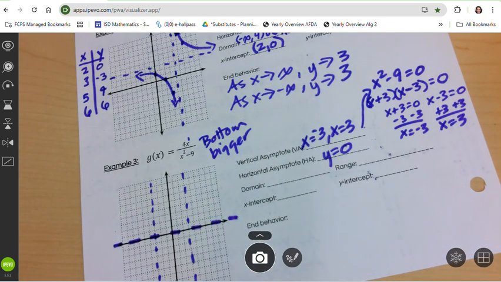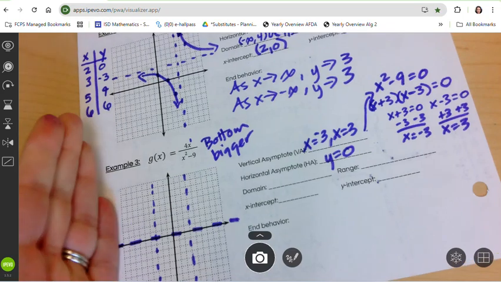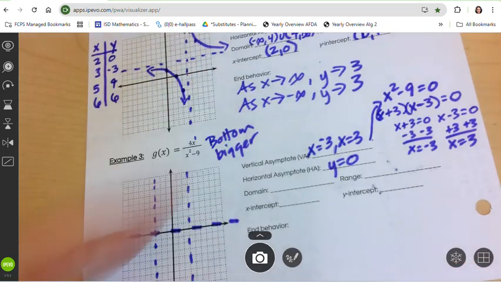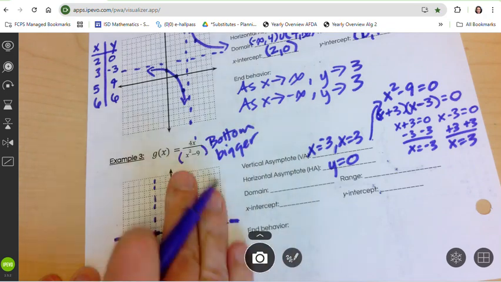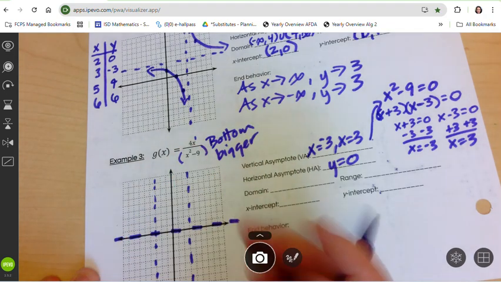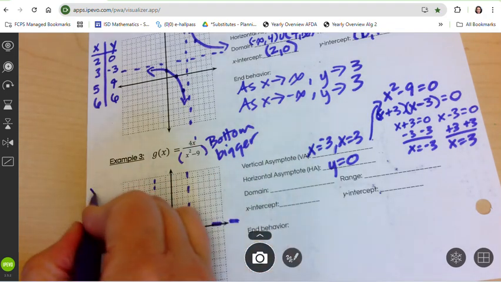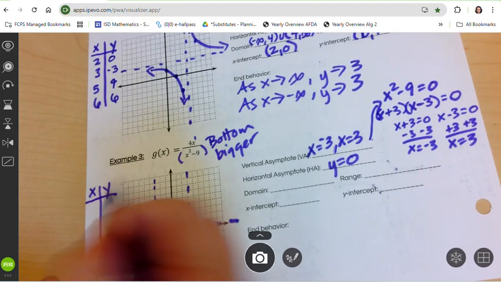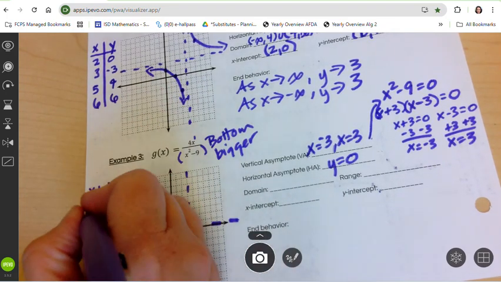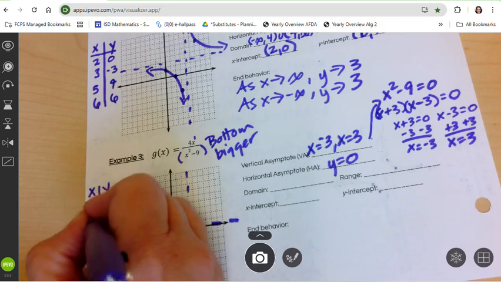Okay, I am going to need points on all 3 branches. I'm going to need points here, here, and here. So I'm going to graph this in my calculator. I am going to put parentheses, at least on the denominator. It does not hurt to put it on the numerator too. When you put this in your calculator, the values I want you to grab are before -3, so we'll do -5, -4.